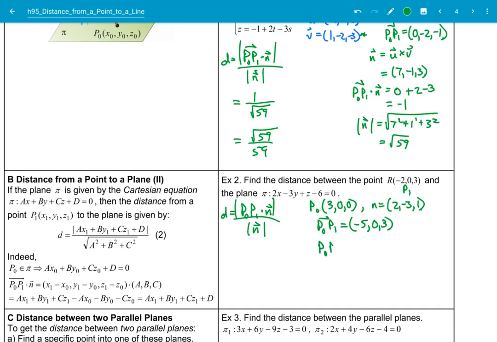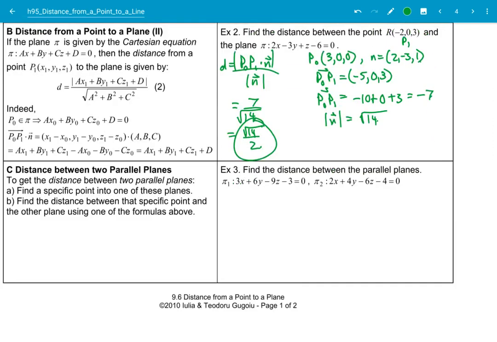P naught dotted with P1 is negative 10 plus 0 plus 3 is negative 7. Magnitude of the normal, 4 plus 9, 13, root of 14. So this is 7 over the root of 14, which ends up being root of 14 over 2. There's the distance.